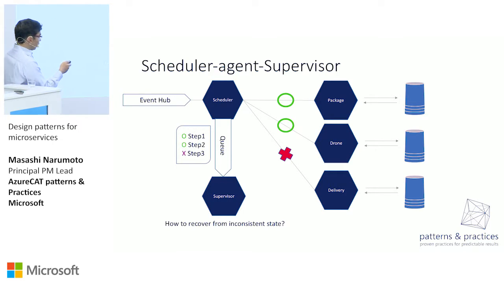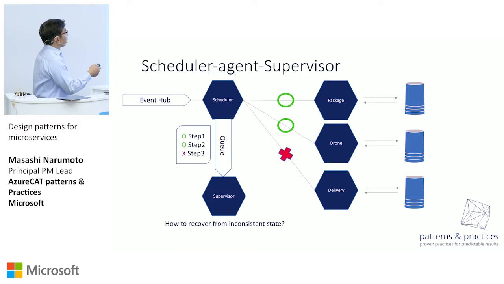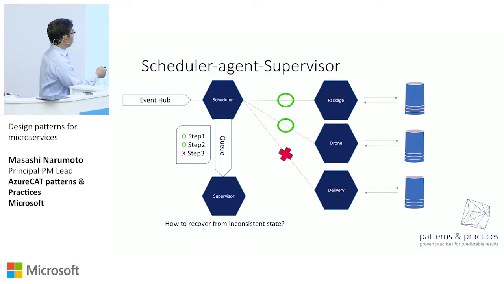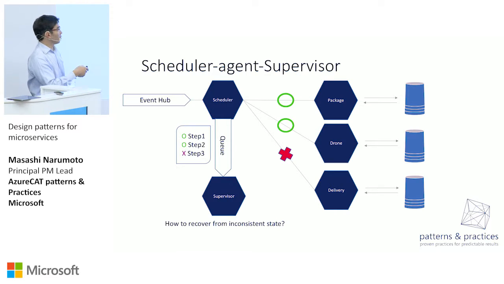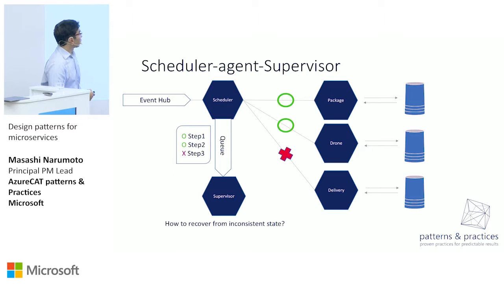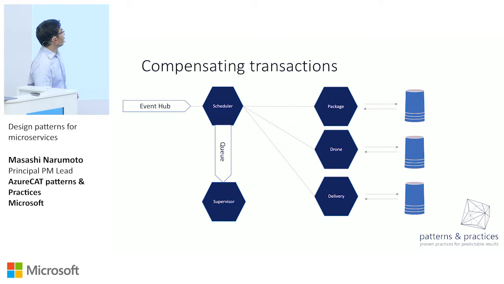In our example, the scheduler detects that step 3 failed, then creates a message saying, hey, 1 and 2 succeeded, but 3 failed. Go fix it. It puts that message into the queue to notify the supervisor, hey, something bad happened. It's your turn to fix it, right? How can we fix it?